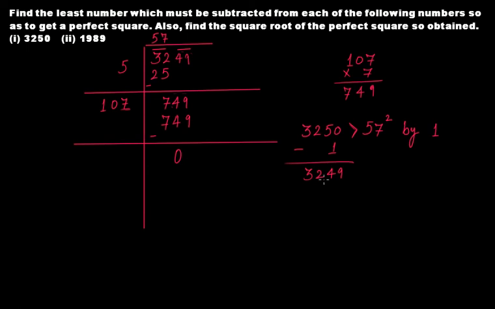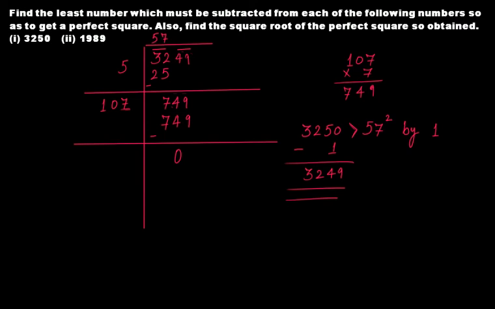When you subtract 1 from 3250, your resultant number is 3249, and the quotient tells us the square root. That is the definition of the long division method. It means that your resultant number is 3249, and you get this number by subtracting 1 from 3250, and the square root of 3249 is 57.